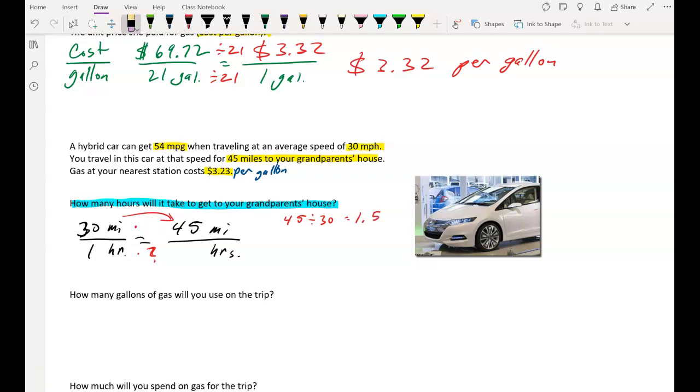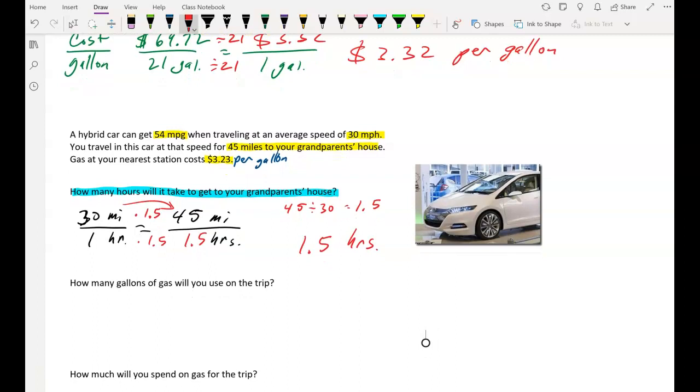So I am multiplying 30 times 1.5. And if I multiply that times 1.5, I'm going to multiply the hours times 1.5. And 1 times 1.5 is 1.5. So how many hours will it take to get to grandparents' house? It will take 1.5 hours. And we used unit rates kind of in reverse to get there.